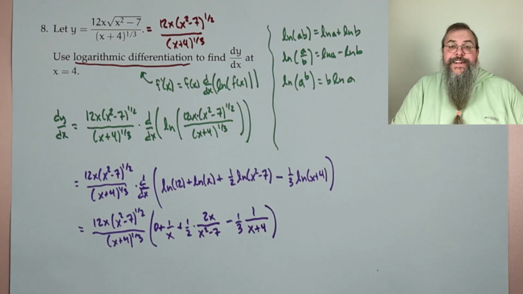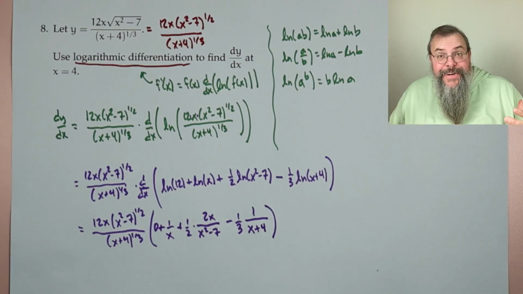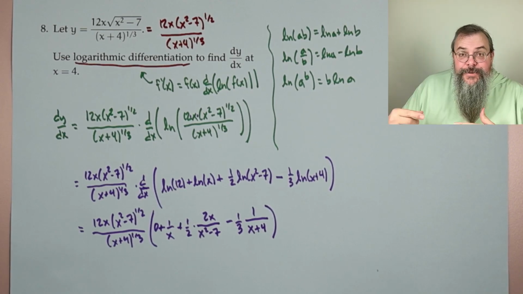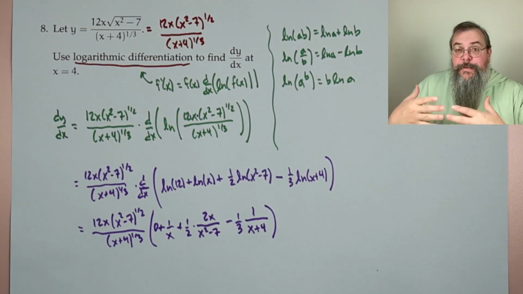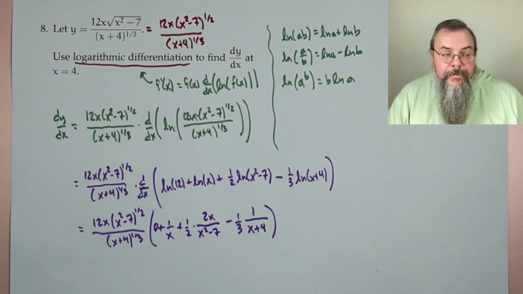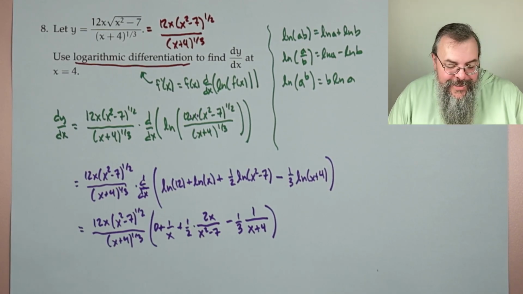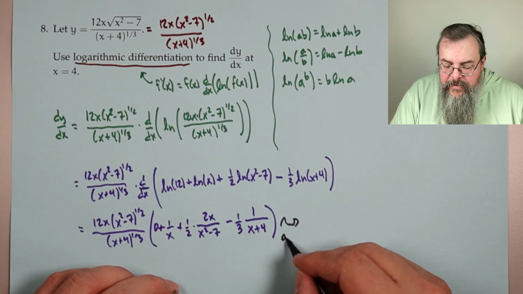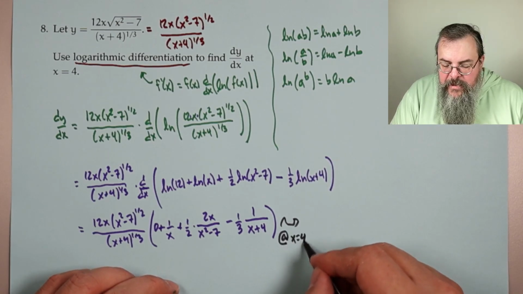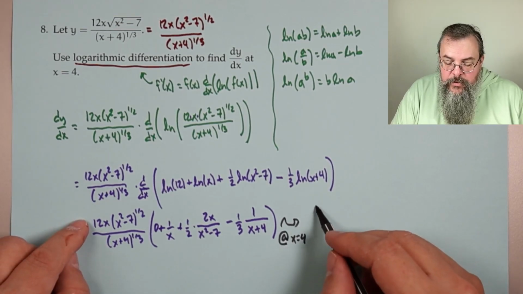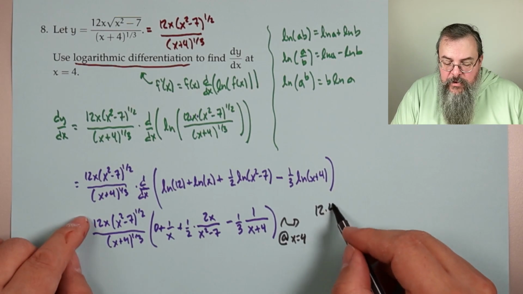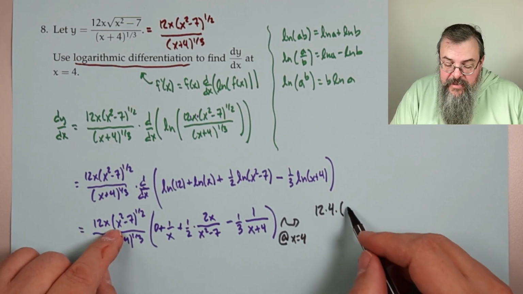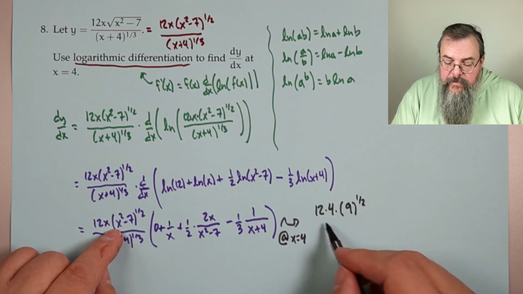Okay, now we took the derivative using logarithmic differentiation. What do we need to do? We need to plug in 4. Why do we need to plug in 4? Because it tells us. Good reason. So we plug in x equals 4. We have in the front 12 times 4 times 16 minus 7 is 9 to the 1/2.